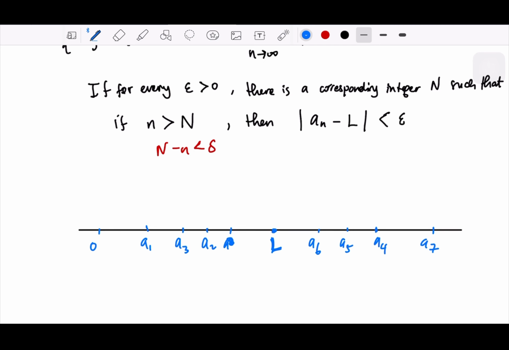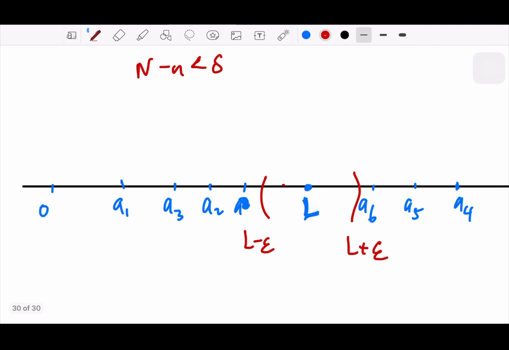Okay. So let's take L minus epsilon here, L plus epsilon here. Although it looks bigger, let's say that's our epsilon. And let's say these two are n plus 1 and n plus 2.